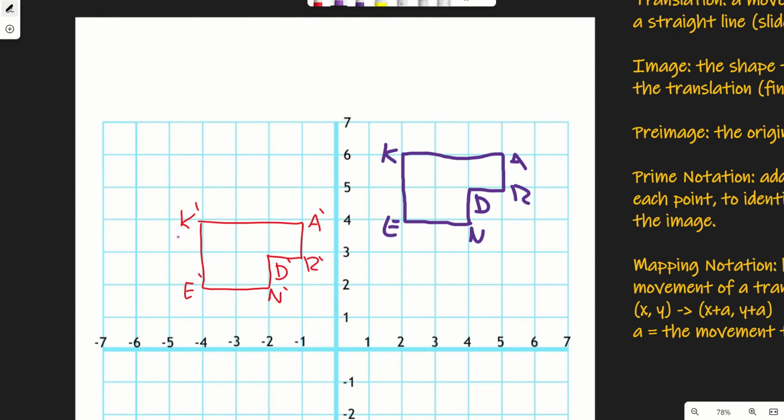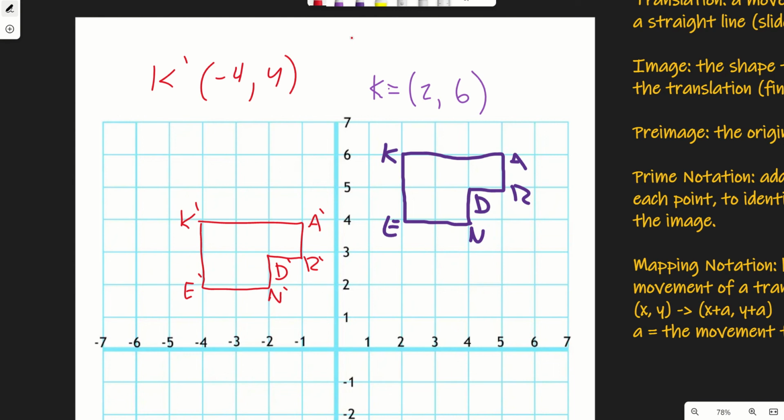The way I can do it is I can say, okay, from K down to my other K, X-wise, from my X value. K is the point 2, 6. K prime is the point -4, 4.